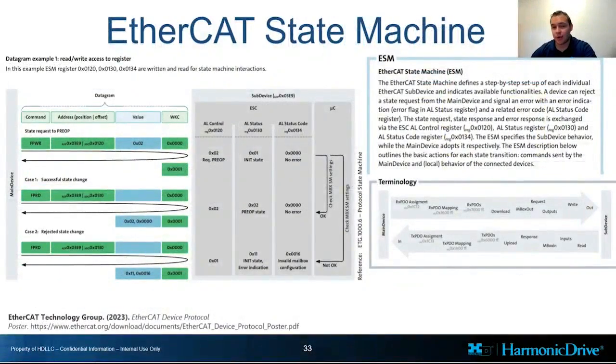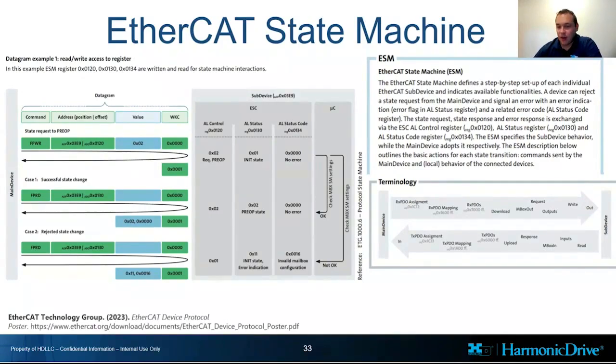The next example I'm going to talk about is datagram example 1, which is basically how our main device requests states from our subdevice. We have a request to set our subdevice to pre-op, and it sends a command, FPWR. Then it says, okay, I want you to write pre-op state.